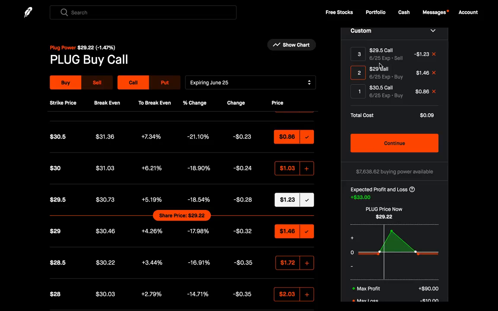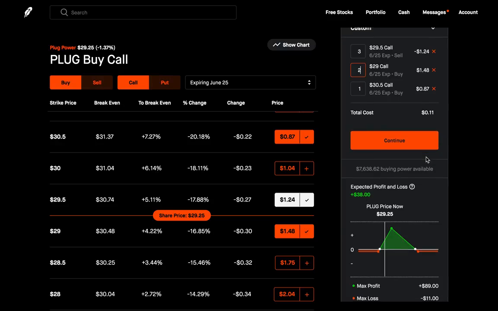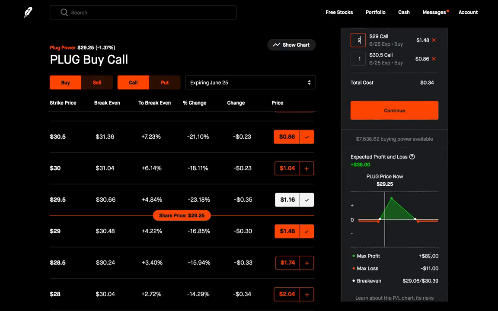Multiply that by 100 is 100, minus, of course, the cost to enter, which is 10. So about $90. So in this scenario, we're basically risking about $9 to potentially make about $90. So again, pretty low risk to higher reward.